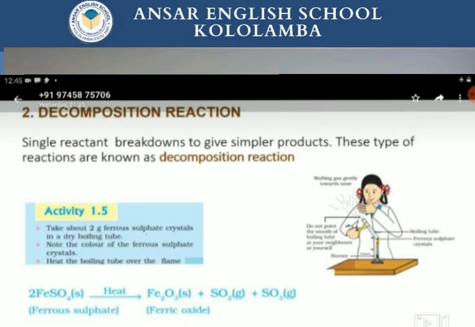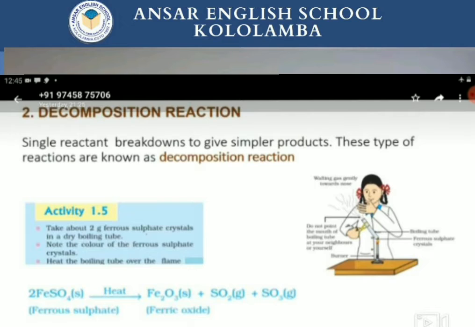The different products are ferric oxide, sulfur dioxide and sulfur trioxide. The sulfur dioxide and sulfur trioxide are gases.